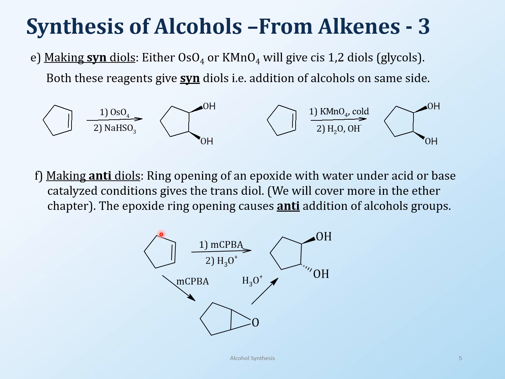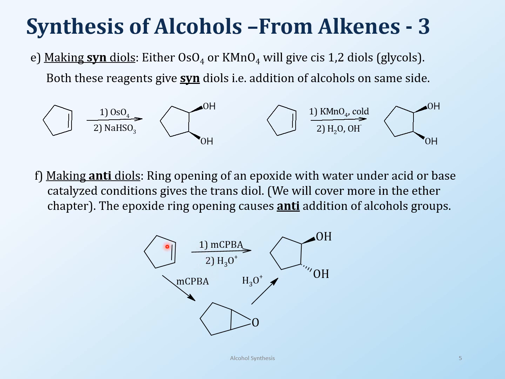And then here's KMnO4. Now, if you wanted to make an anti diol, so this is a syn diol, then you have a little bit of a different route. Here you use MCPBA as your first step, and the second step is acidic hydrolysis.